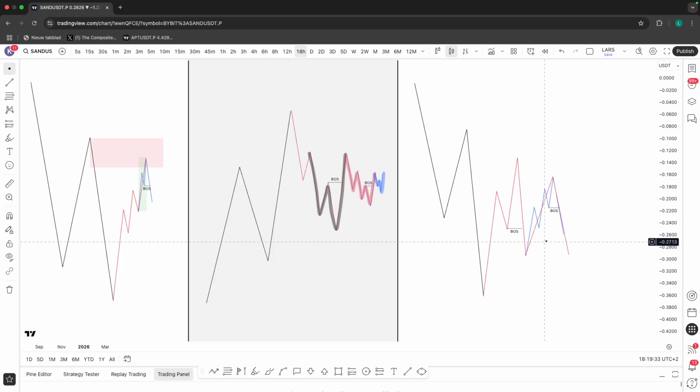But let's say we break that level 3 structure back to bearish, okay? Then we have the confirmation to get that through rotation back down to this low.